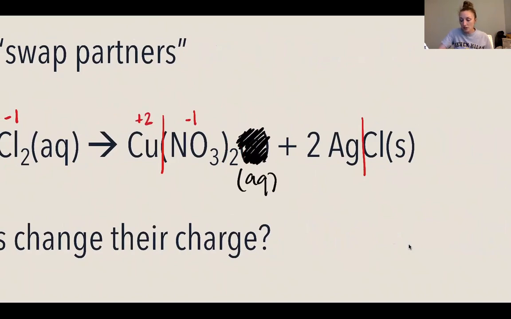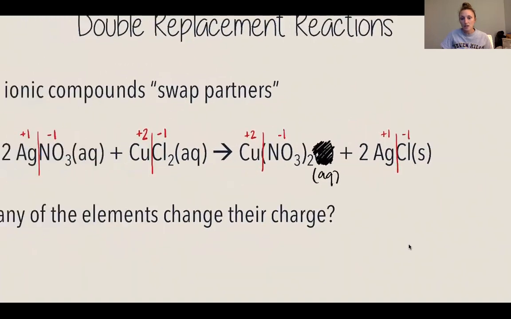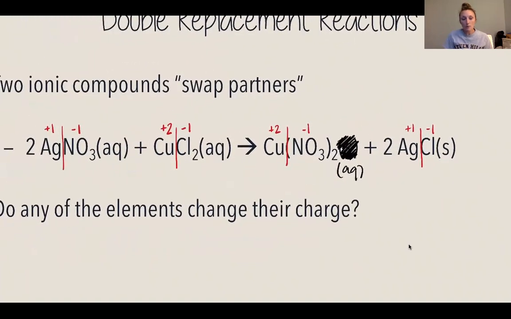And then silver is still part of an ionic compound, so it still has a charge of +1, and chloride has a charge of -1. So if you take a look at this as a whole, and we compare both sides, you can see that all of my ions retain their charges from the reactant side to the product side. Nothing's going to change. And that's different than, again, when we talked about the single replacement reactions.